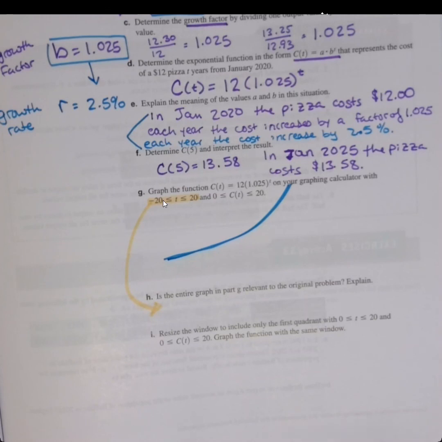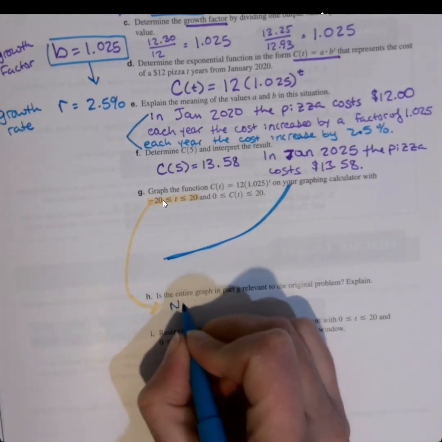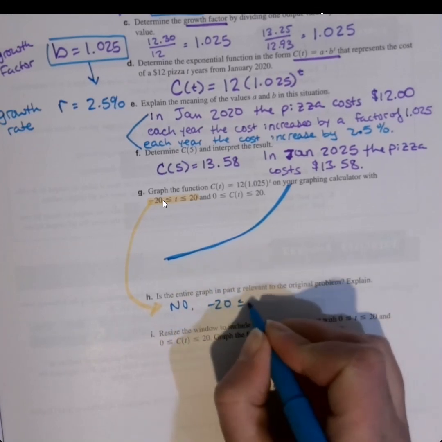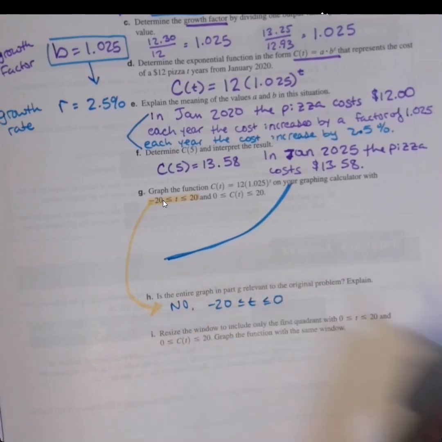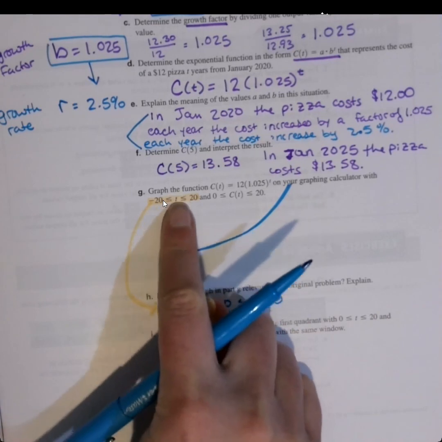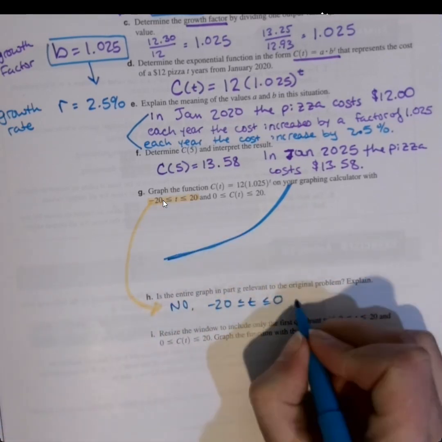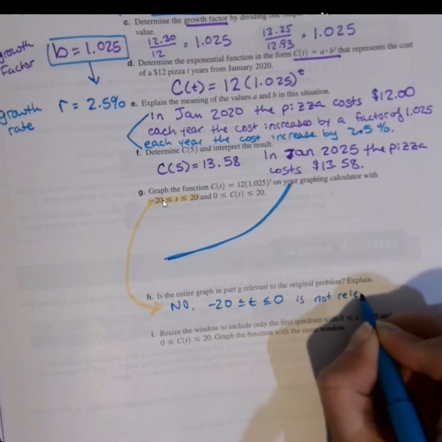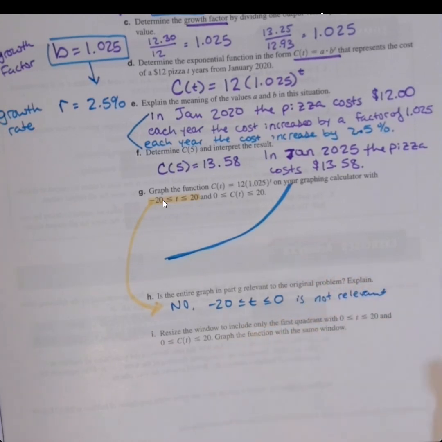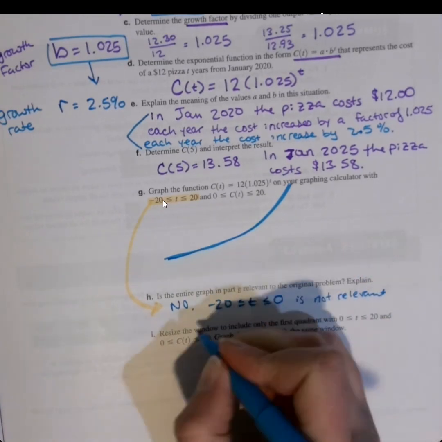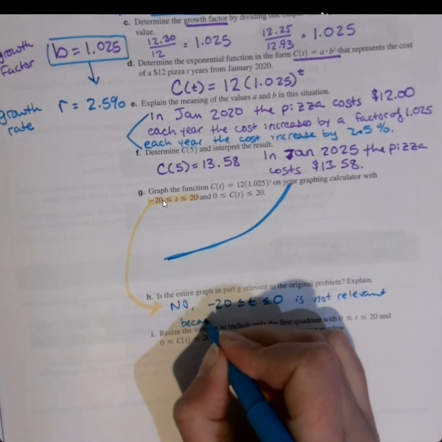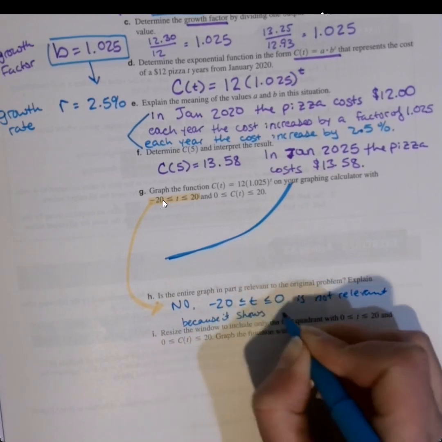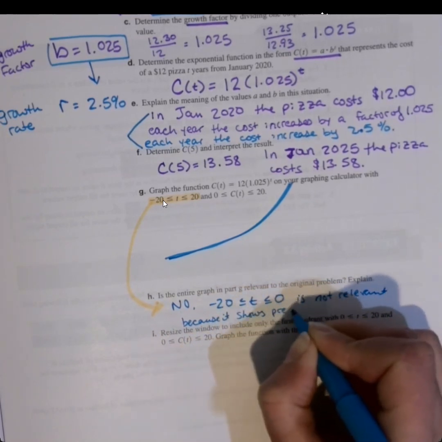And so we would say that no, the negative 20 to 0 portion, half of this independent variable part, is not relevant because it's previous to the initial value. It shows predictions for previous years.